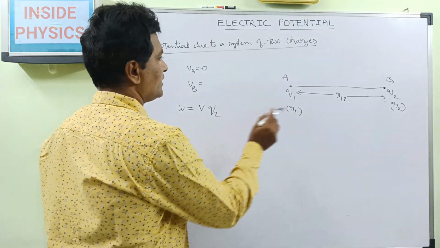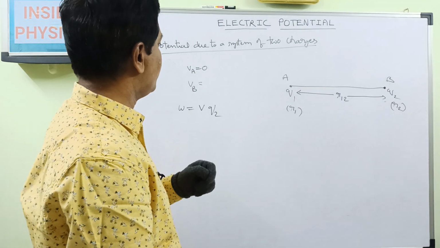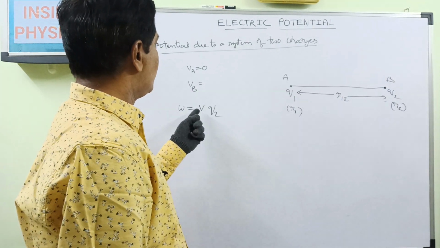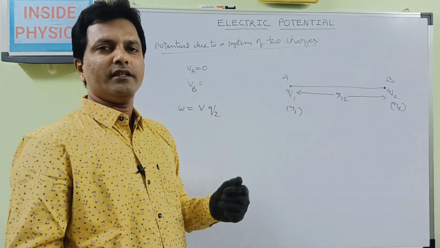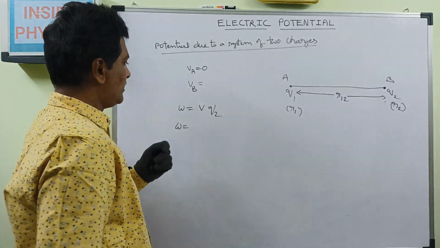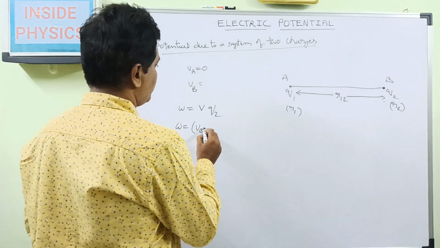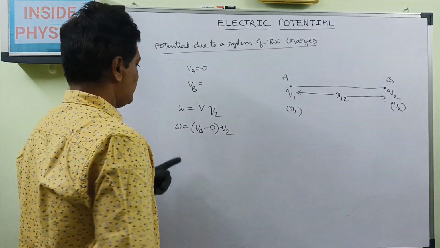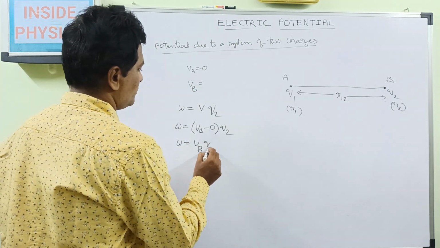That means Q2. The charge we are bringing is Q2. We are bringing this charge from infinity to here. The potential difference will be the difference of VB and the potential at infinity. Generally we know that the potential at infinity, at a far away place, will be 0. So here we can write the work done to bring that charge Q2 from infinity will be VB minus the potential at infinity, which is 0, that is VB into Q2.